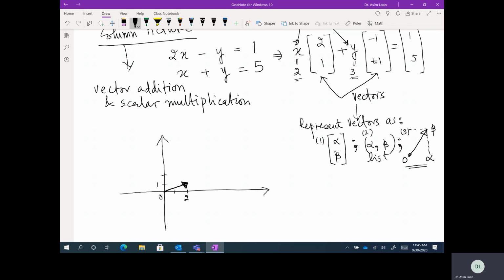And then this vector is minus 1 and plus 1. So minus 1 here, plus 1 here. Okay, so this is the x-axis, this is the y-axis. Now, 2 times a vector is simply, I extend it. So this becomes 3, this becomes 4. So this comes over here. So this vector is 4, 2.